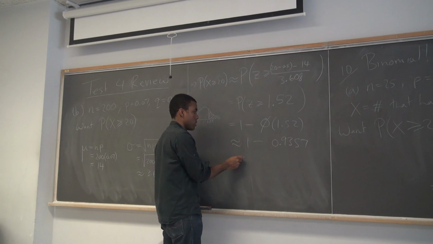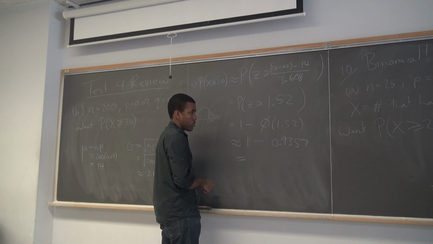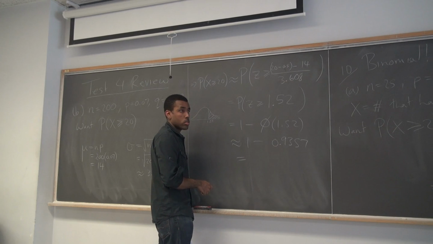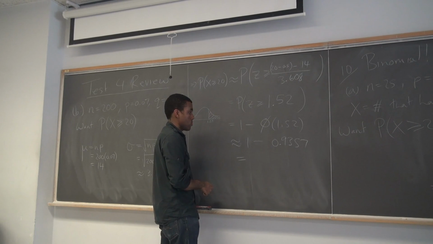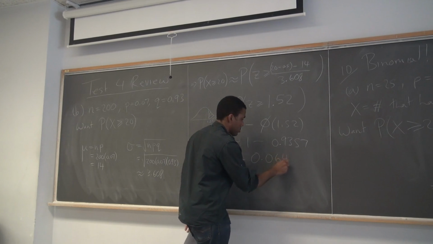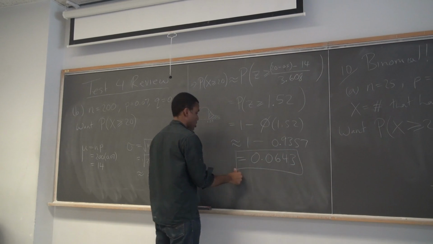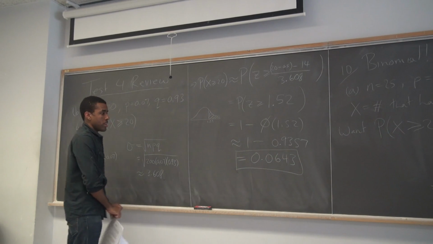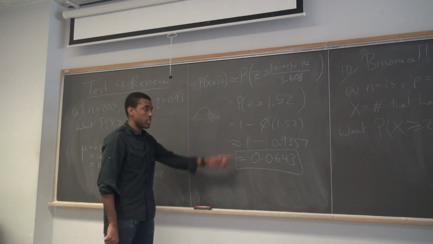So this is going to be 0.0643. The probability of actually finding more than 20 infractions is pretty small.